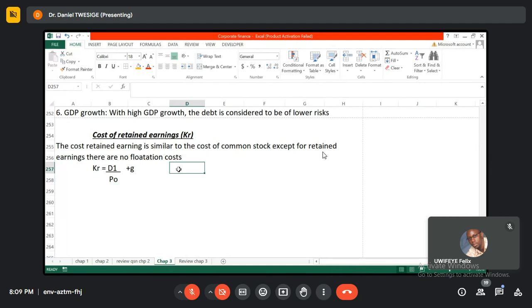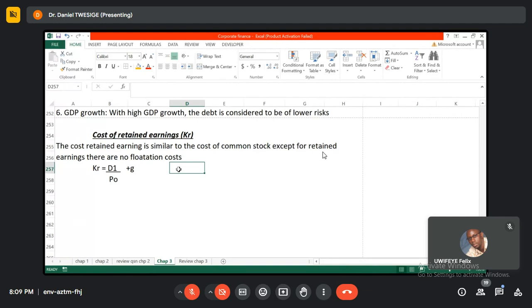Our retained earnings, which we are foregoing to allow the company to invest. Isn't it? You are foregoing the retained earnings and allowing the company to use them to invest. You should have been given that dividend, D0.